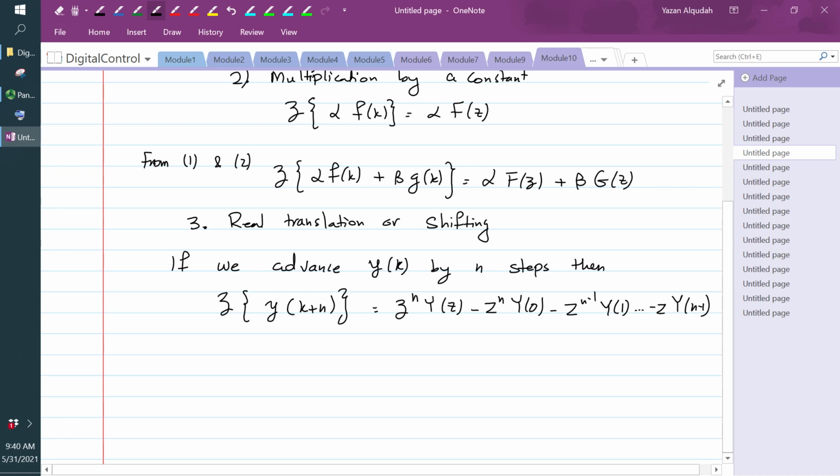So if I shift the signal to the left, then I'm going to be removing from the shifted signal all these terms. Now to illustrate this, let's look at what happens for a one-step advance.